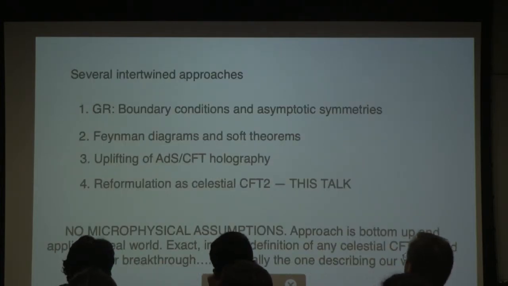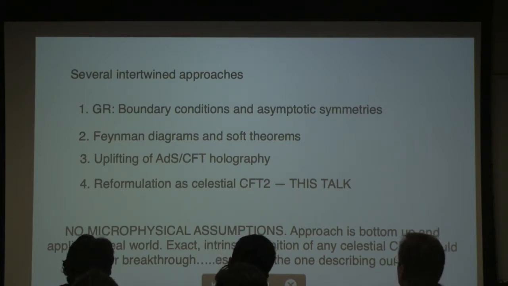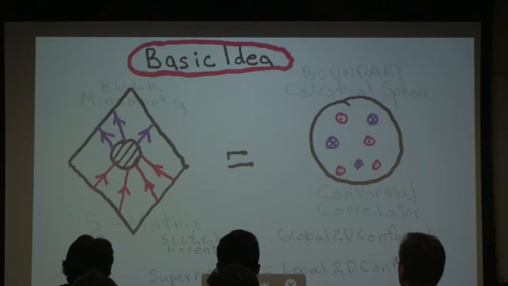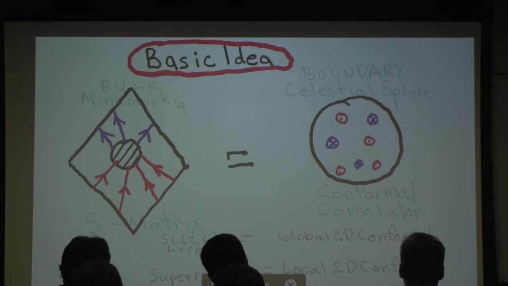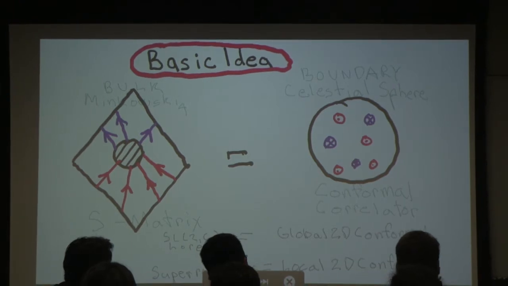Now, there are several intertwined approaches. I'm going to call this object a celestial conformal field theory, but you should think of it this way: usually adjectives limit the meaning of a word, refine it, but a celestial conformal field theory is not necessarily a conformal field theory, just like a non-local conformal field theory or a non-unitary conformal field theory wouldn't ordinarily be considered a conformal field theory.